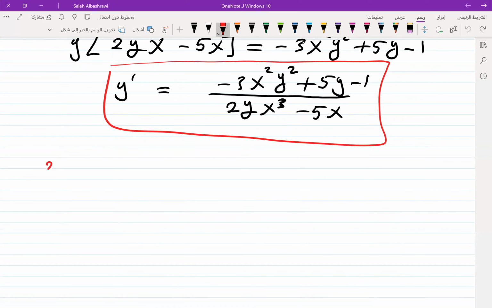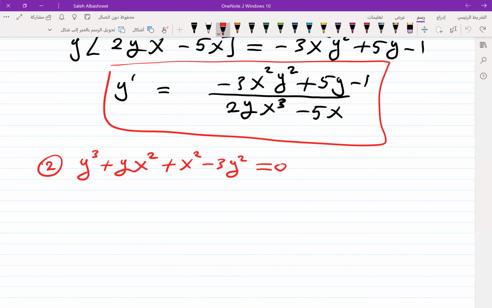Number 2. y to power 3 plus y x square plus x square minus 3 y square equal to 0. And we need to find y prime.